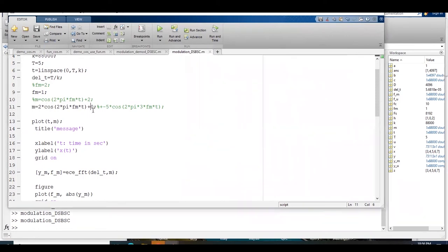Now let's go back here. If I have 4 here in the message, I should see 3 delta functions in the message signal: 2 deltas at 1 hertz, and 1 delta function at DC. So 3 delta functions.